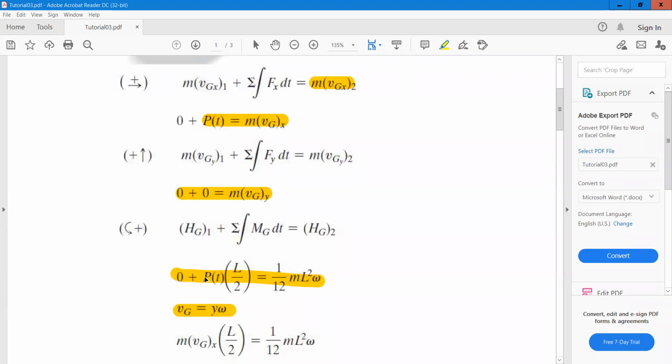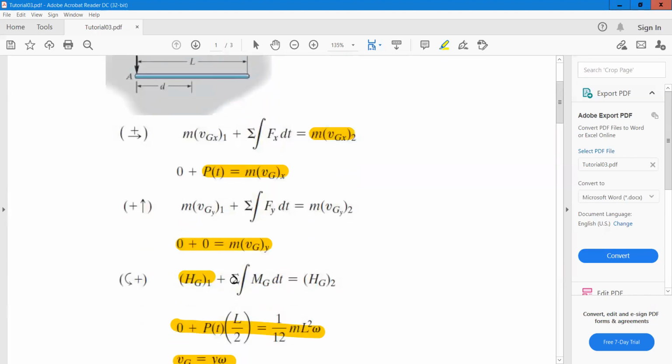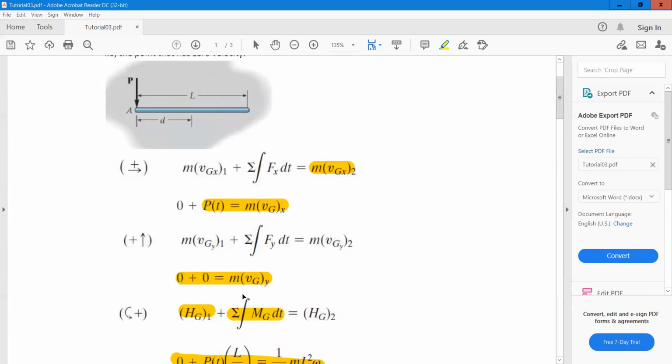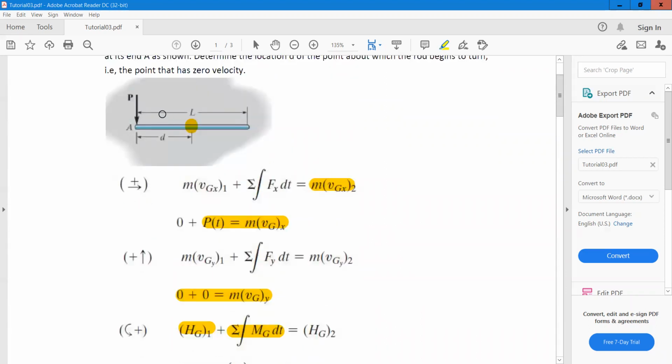And the third equation is the angular impulse momentum. From the third equation, we have the initial angular momentum, which is 0 because the rod is initially at rest. We have angular impulse about the mass center. If we write the moment about this mass center, it's equal to P times its length, which is d, and L divided by 2, P times, because the distance between point A and the mass center, which is at the center, is L divided by 2.